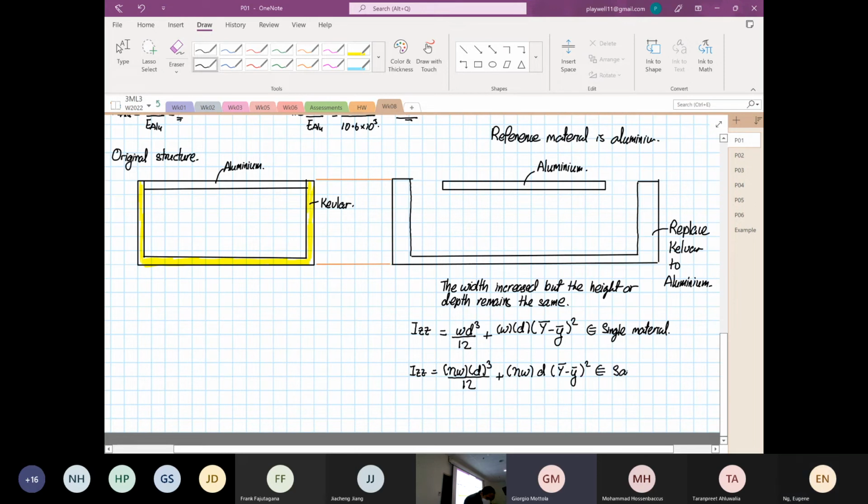Sandwich material. Okay. So the one below is for the what? Sandwich material.